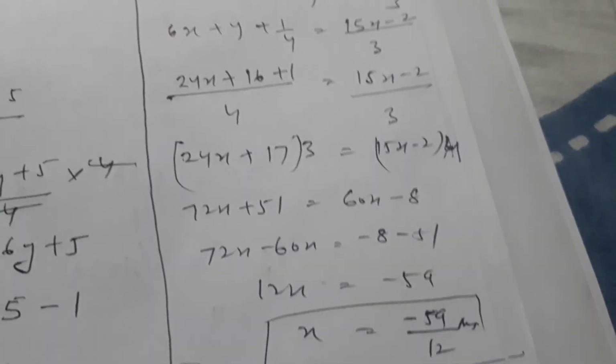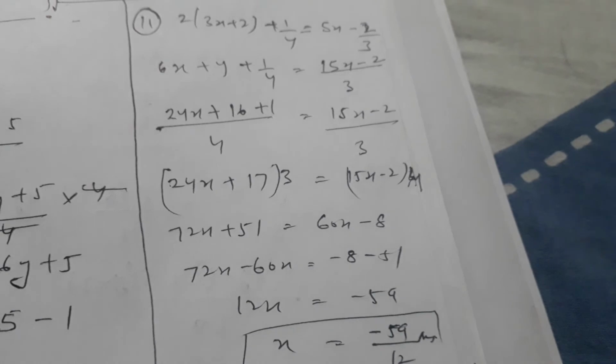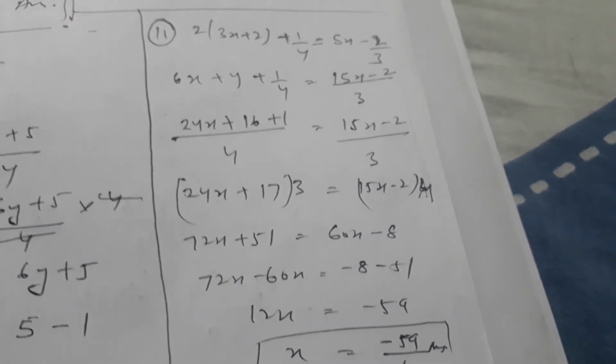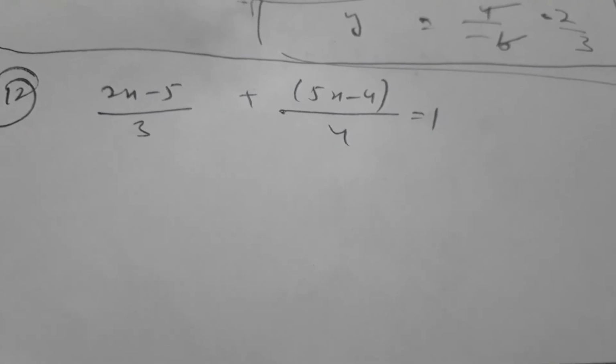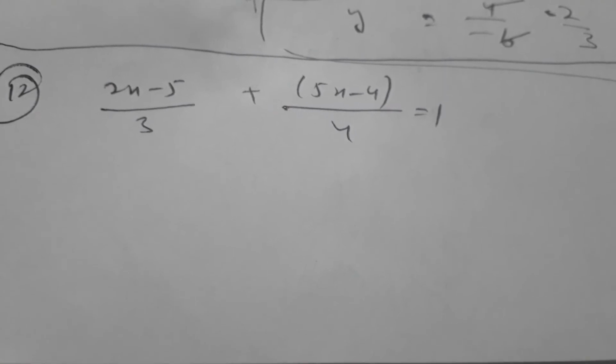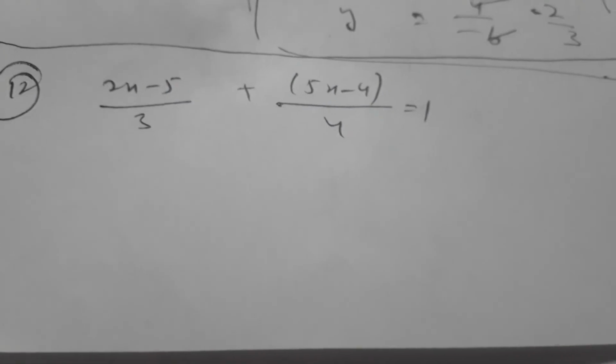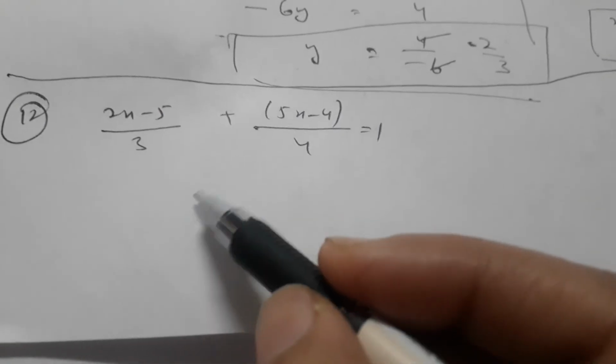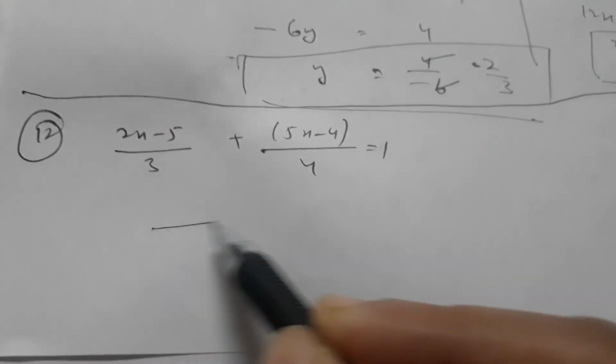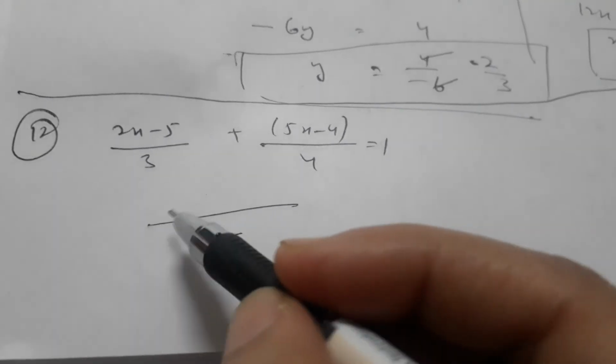Now come to the last part, which is the 12th part of exercise 8.1. It is (2x minus 5) by 3 plus (5x minus 4) by 4 equal to 1. So here we will take the LCM as usual. So 12 will be coming out as our LCM.